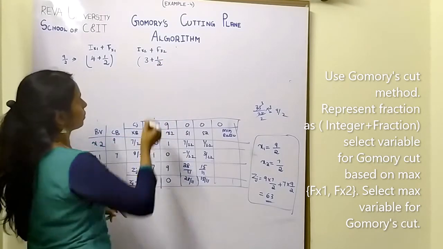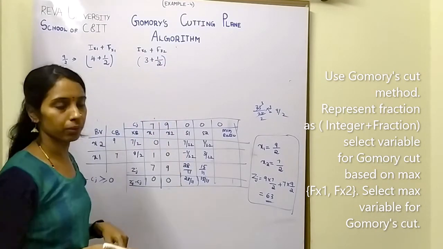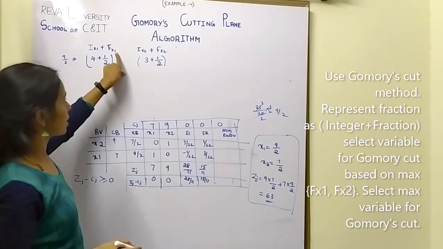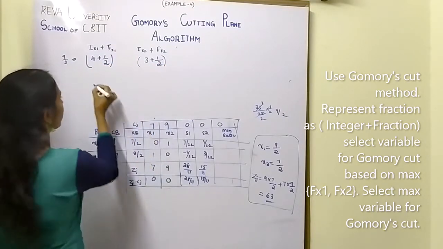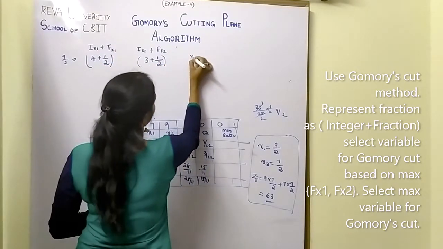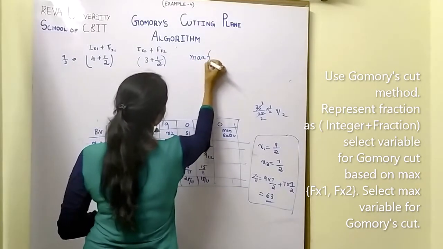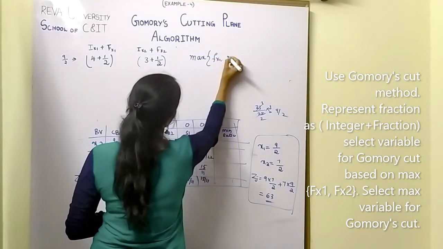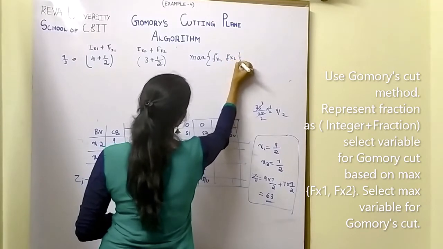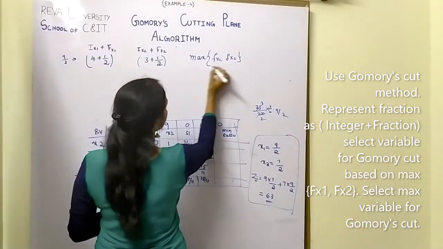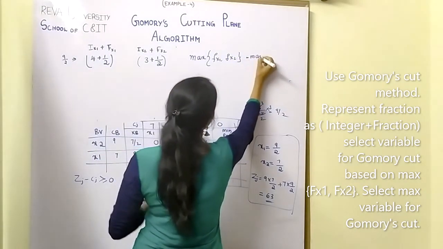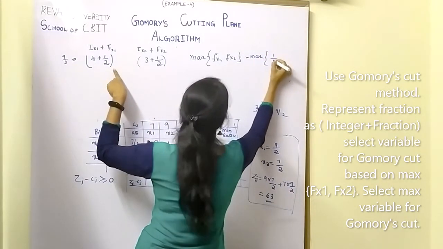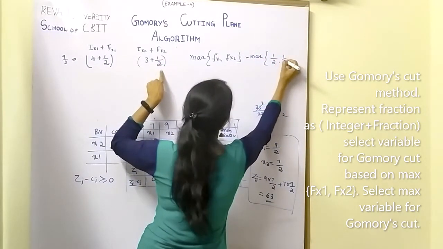So 7 by 2 I can write as 3 plus 1 by 2. Now, to determine whether to select x1 or x2, you have to use the formula max of f of x1, f of x2. So here f of x1 is half, f of x2 is half.